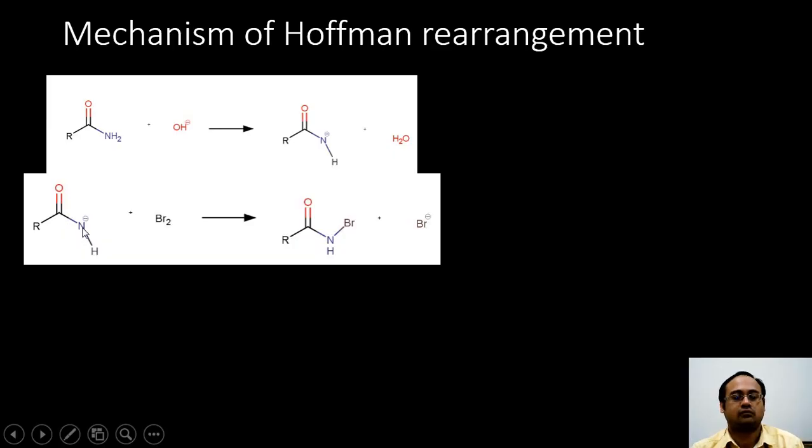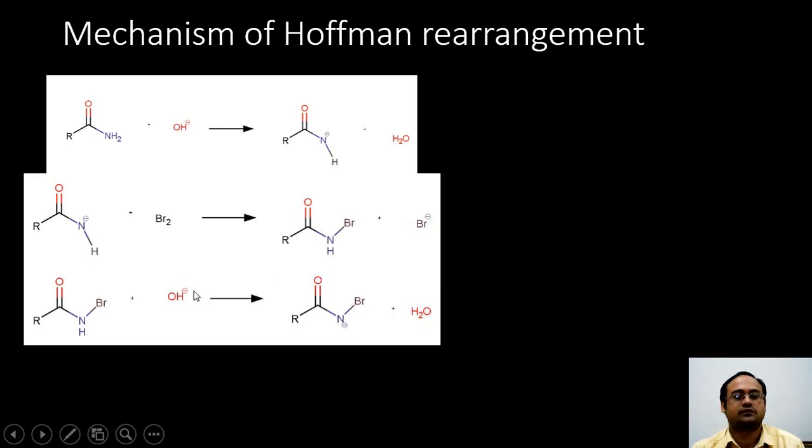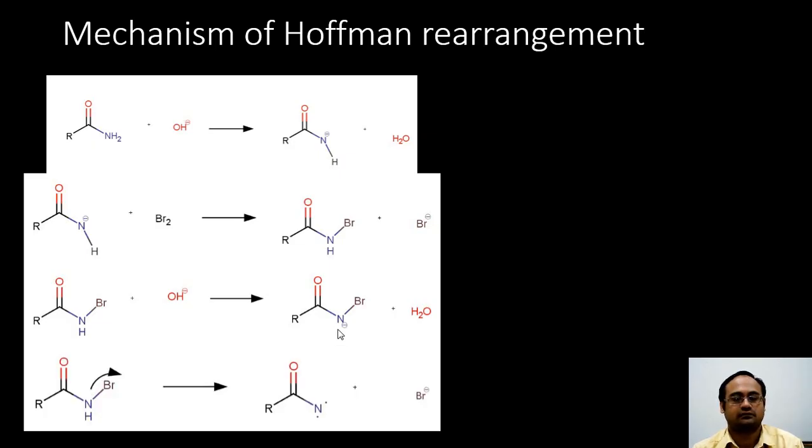But this highly nucleophilic anionic species reacts with a bromine molecule to displace a bromide ion and give you a brominated intermediate, which further reacts with another molecule of the hydroxide ion, and this proton on the nitrogen is abstracted to give you the corresponding anionic intermediate with negative charge on the nitrogen.